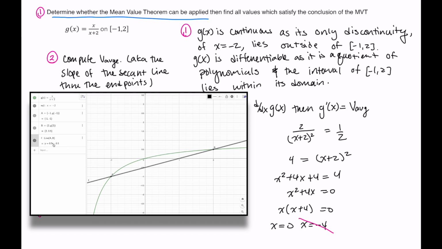And clearly the slope is 1/2. And what we figured out at 0, so 0 comma g of 0, right there, if we have GeoGebra give us the tangent line, that tangent line also has a slope of 1/2.